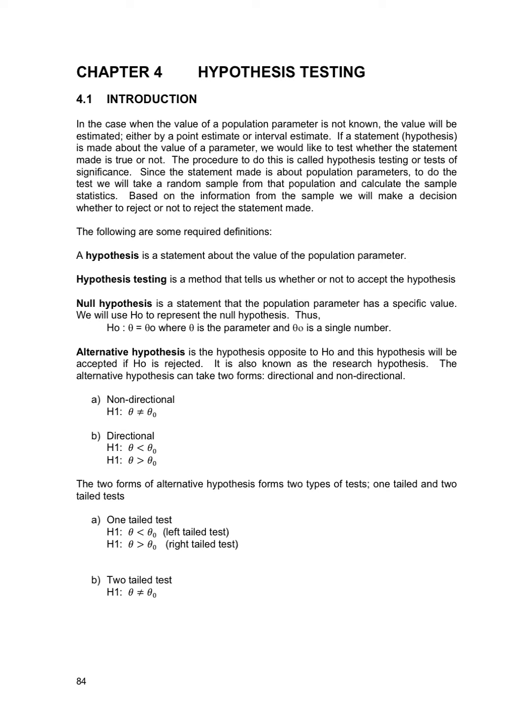So first, what is a hypothesis? A hypothesis is a statement about the value of the population parameter. So again, the cases in hypothesis testing will follow the same cases as in the estimation topic. Maksudnya mula-mula awak akan ada one population mean, and then kita ada difference between two population means for independent and dependent samples.